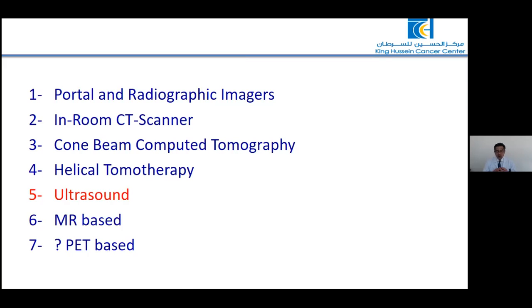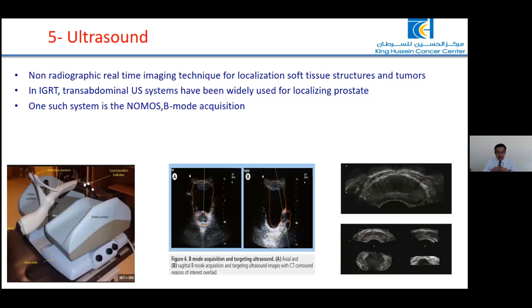Now, coming also to one of the tools that we can use, which is the ultrasound. Mainly the ultrasound, as you know, is non-radiographic, real-time imaging, and can really localize the soft tissue structures and the tumors, and is mainly used in some of the tumors in the abdomen and also in the pelvis, mainly the prostate.